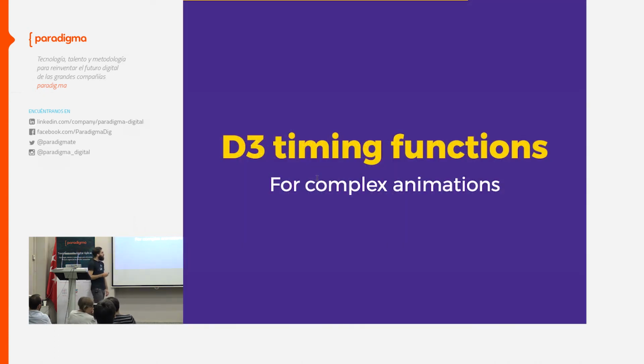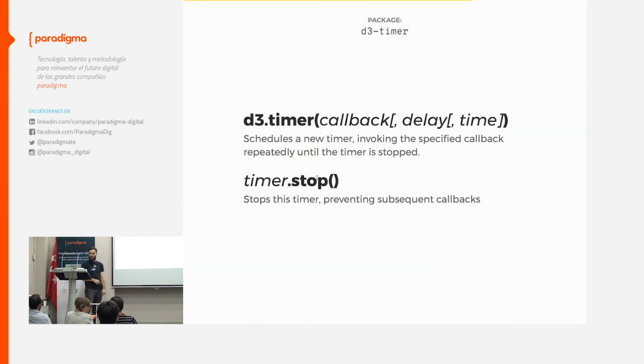But when we need to do some more complex stuff, like in the other two cases, D3 provides us with some timing functions. The first one we can look at is timer, which is part of the D3 timer package. Basically, this is a wrapper around requestAnimationFrame, where timer will call your callback at the correct time across browsers to make your animation as smooth as possible at 60 FPS.